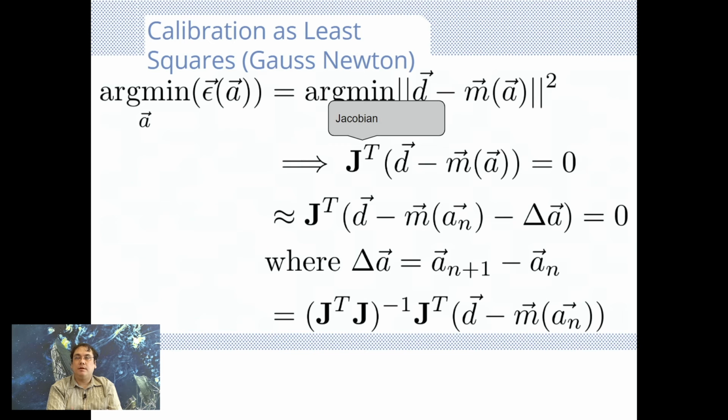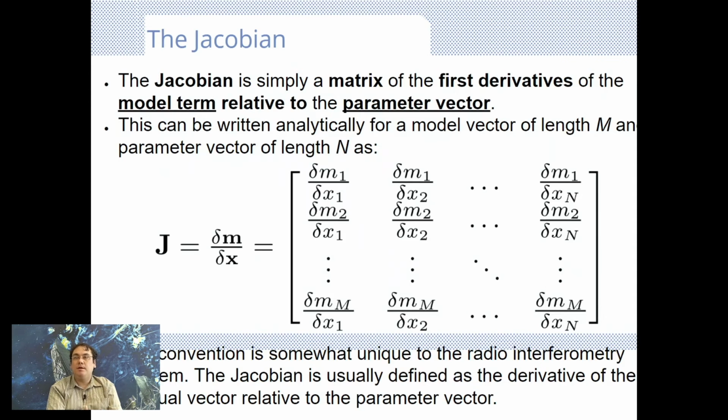And if we go through the algorithm step by step, if you want to take the minimum of that, you have the Jacobian on the left-hand side there. The Jacobian is just a matrix of the first order derivatives of the model term relative to the parameter vector. So this can be written analytically for a model vector of length m and a parameter vector of length n.